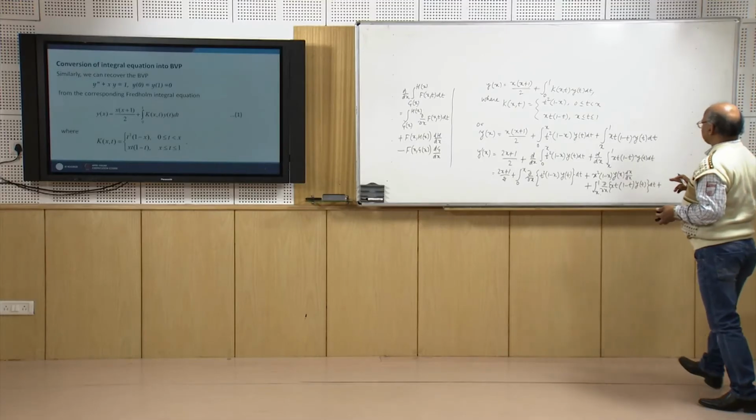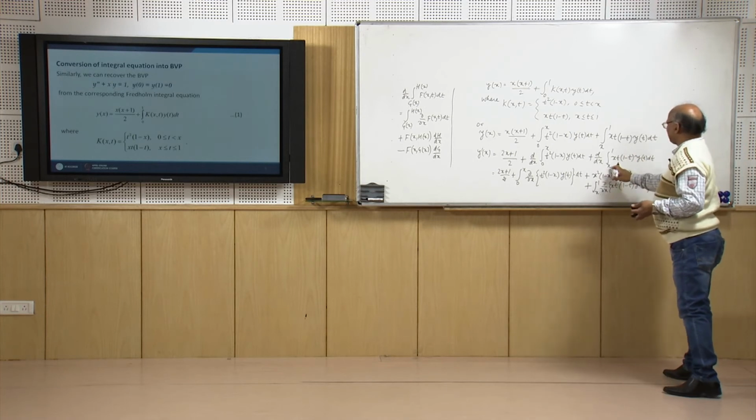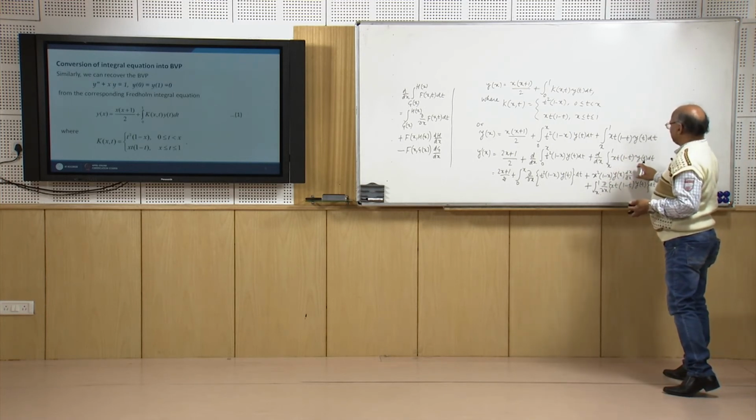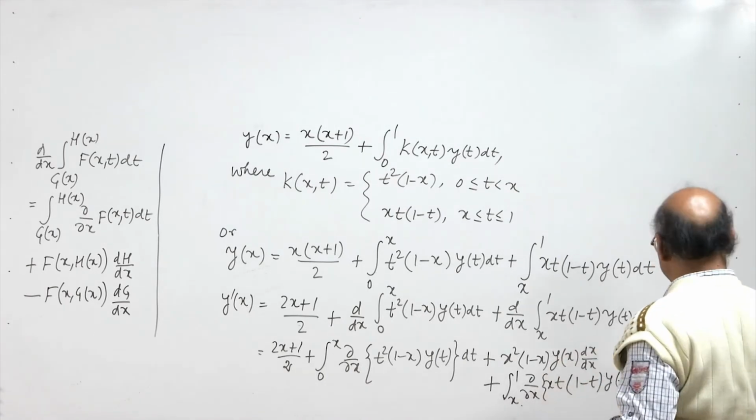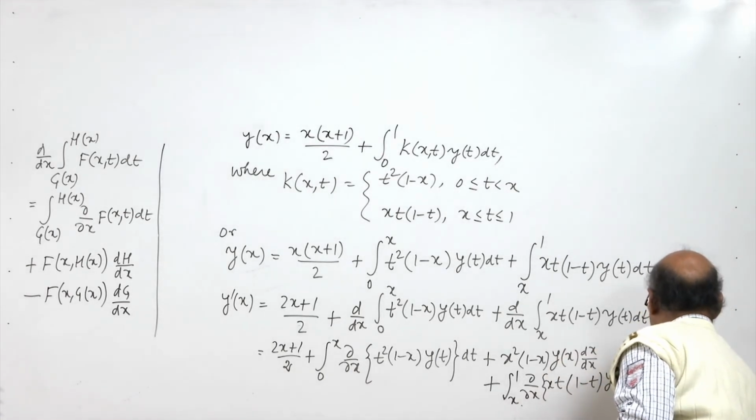The derivative of 1 with respect to x is 0, so that term will become 0. Then we put the lower limit in this integrand, differentiate with respect to x, and put a negative sign. So, we write here a minus sign.